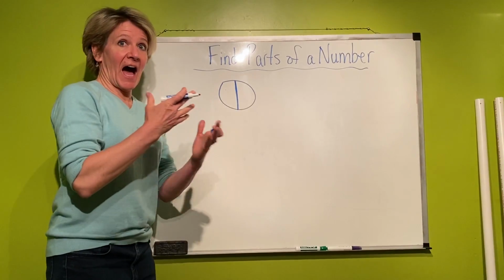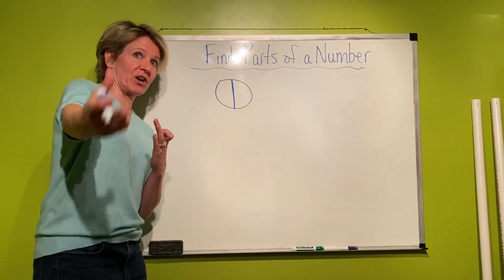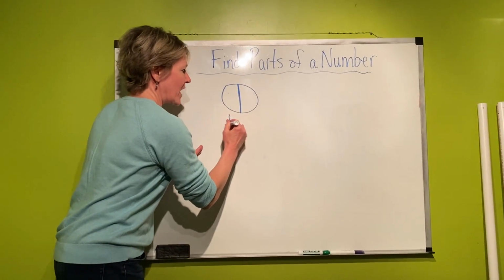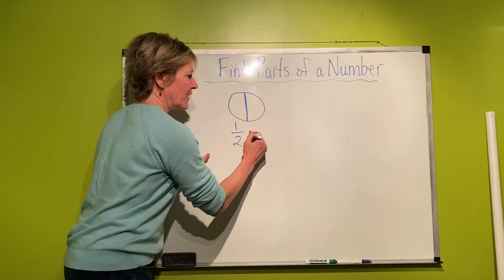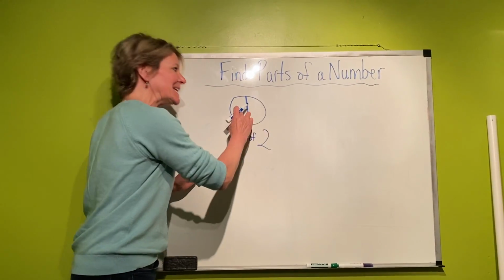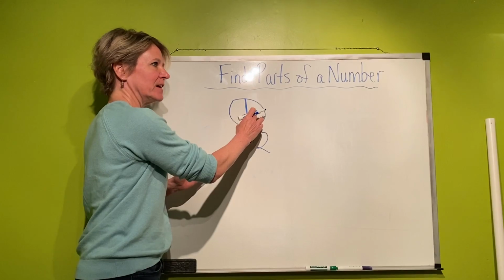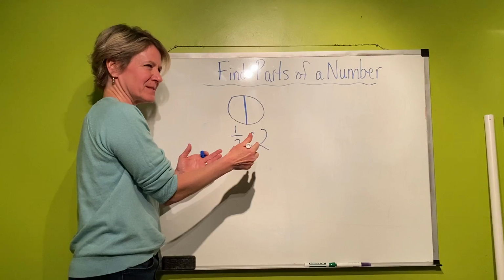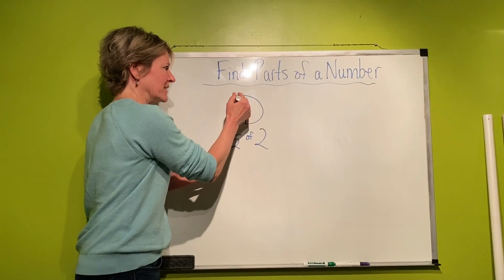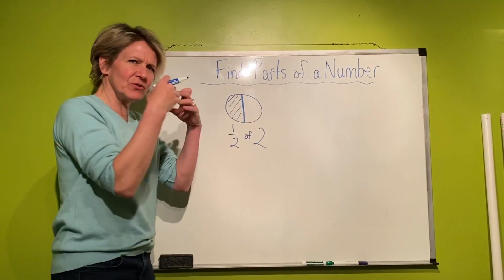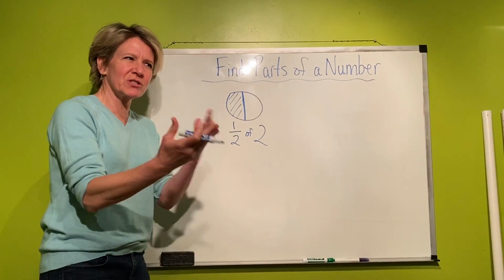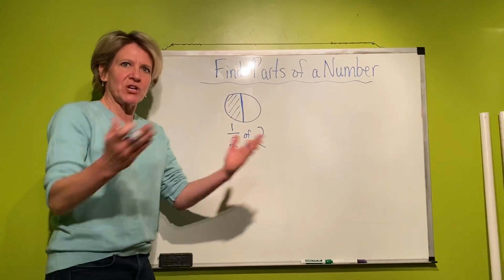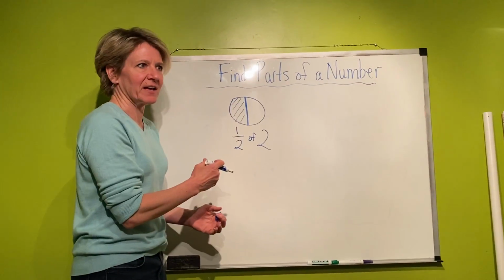And if I say, I'm going to eat one half and I'm going to share the other half with you, if we wanted to know what one half of these two pieces of pizza, one half of two pieces is one. Because you can visualize that. You would say, well, there's just two pieces and I'm having half and you're having half, so we're each having one. That one you can do in your head.